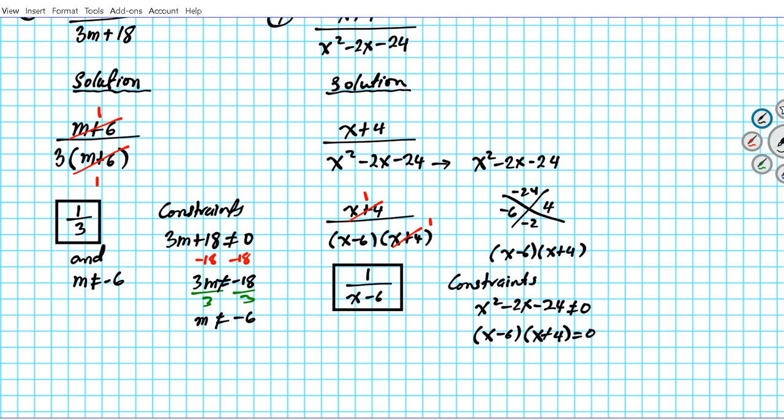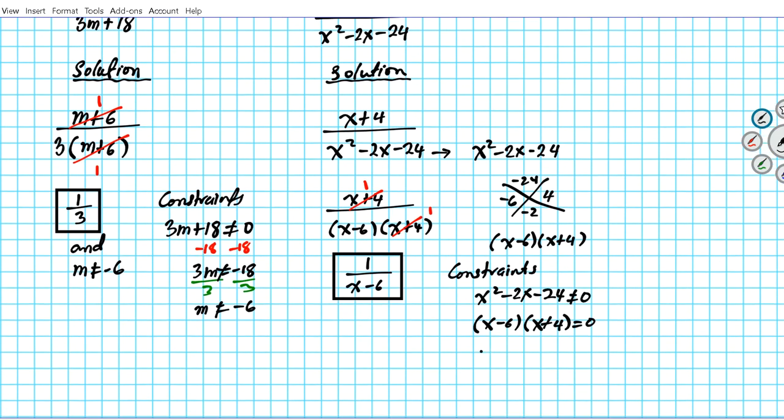Okay? And then we set both of them to 0. x minus 6, x plus 4. Solve this, you add 6 to both sides, x equals 6. And then this one, you subtract 4 from both sides, x equals negative 4. So x cannot be 6, and x cannot be negative 4, all right?